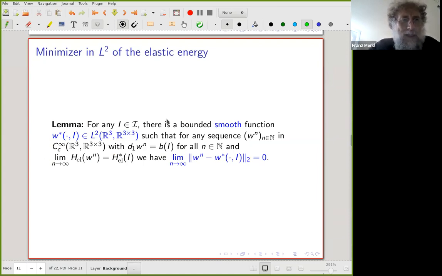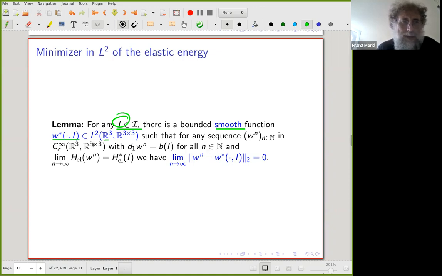Okay, let me first mention that there's actually a minimizer of the elastic energy. So for any Burgers vector configuration denoted by I, there is a smooth function which is square integrable. Let's call it W star. The dot argument stands for the R3 argument here, and I is the input I over here.